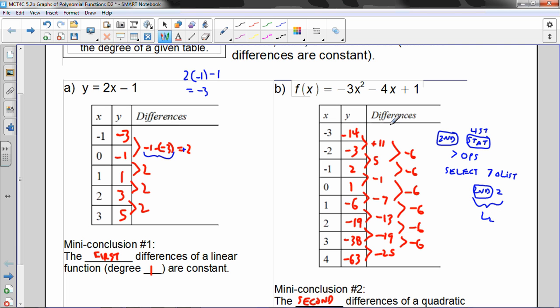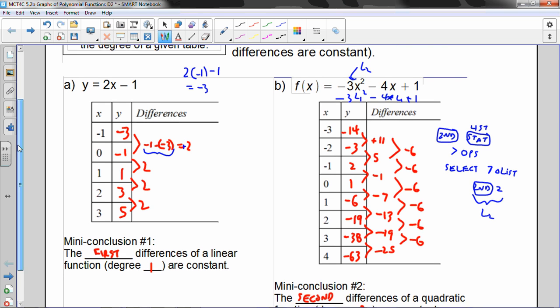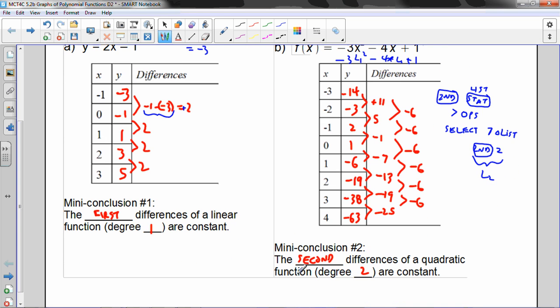Now that's just to get the differences in lists. I already had to put in this formula up in list 2. I had to put that in the top of the column, right? List 1 plus, to get that to work. And what do we see? It's all good. Second differences of a quadratic function are constant, just like we knew.